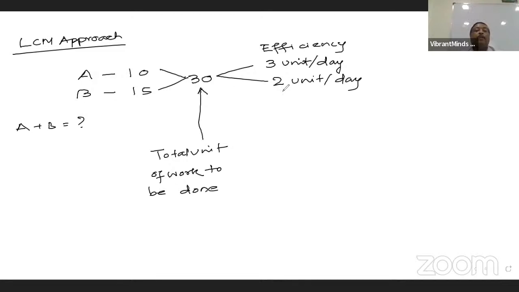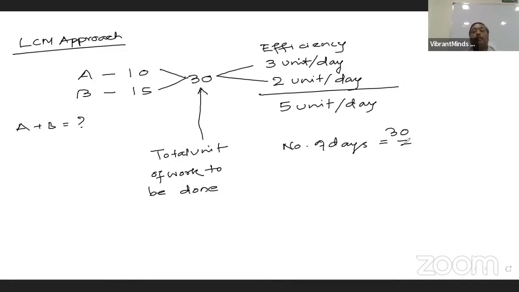So A and B, when it is combined, they are doing how many units per day? 5 units per day. So number of days is 30 by 5, and that is 6 days.